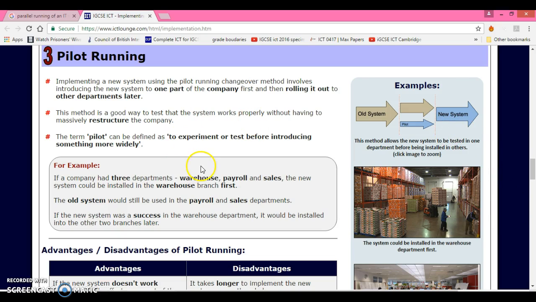Okay, once they've pilot run it, just to make sure. So it says changeover involves introducing the new system into one part of the company first, then rolling it out into other departments later.